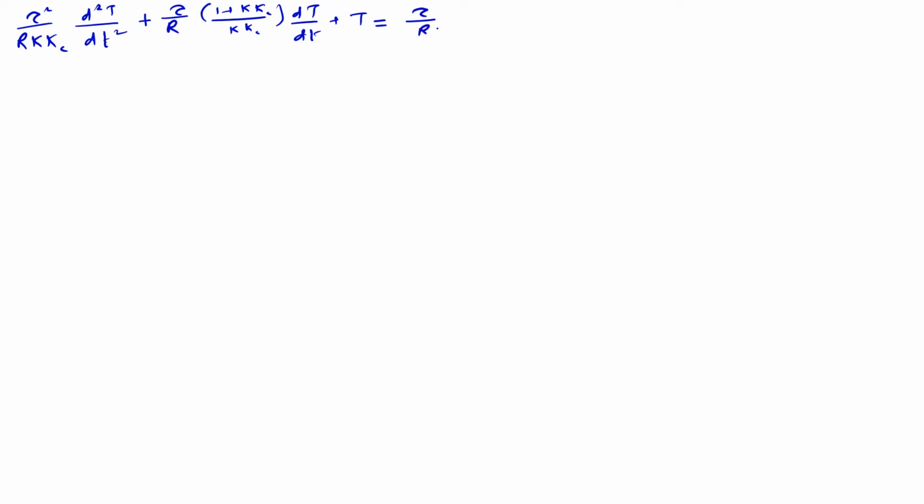So tau I is tau by r times dT set point by dt plus T set point.